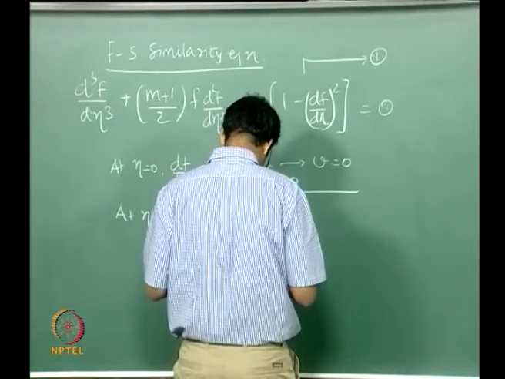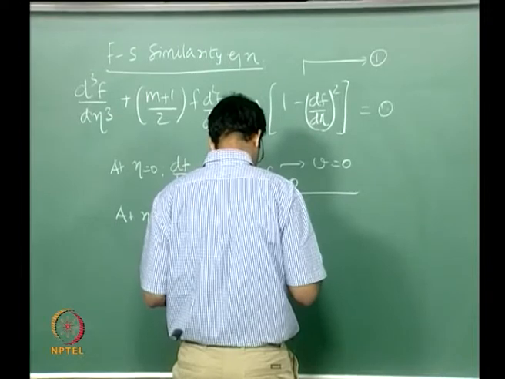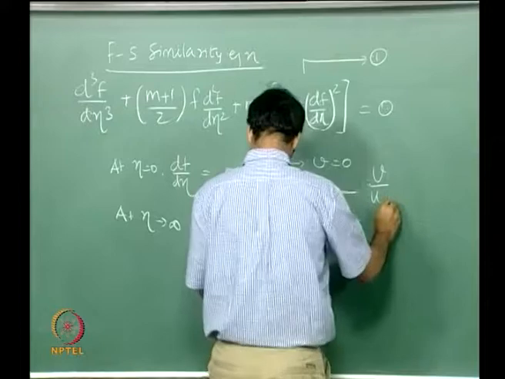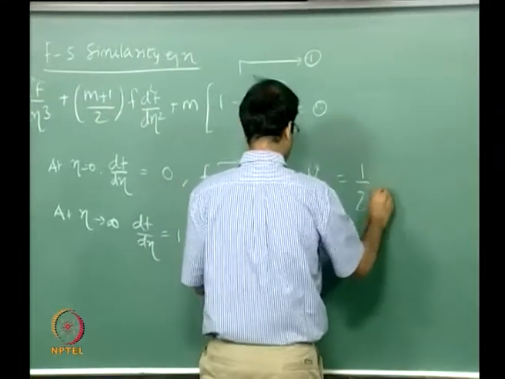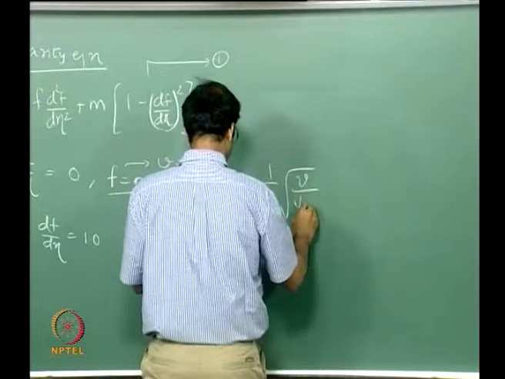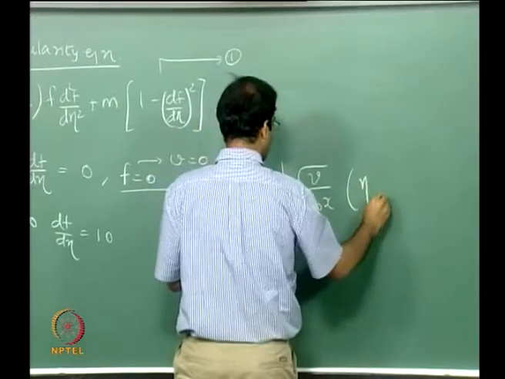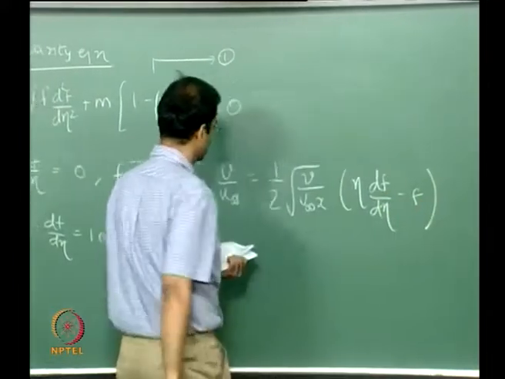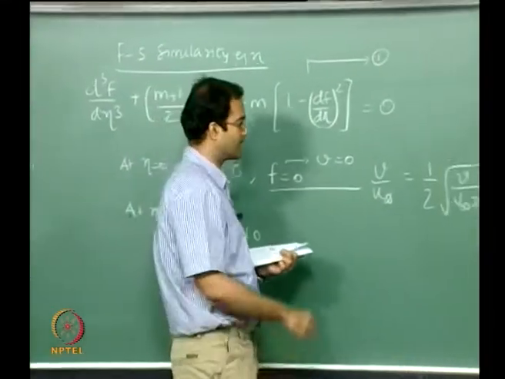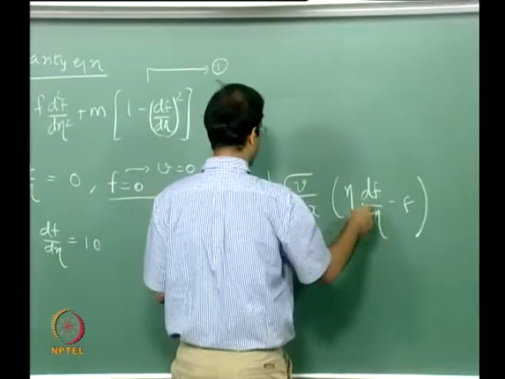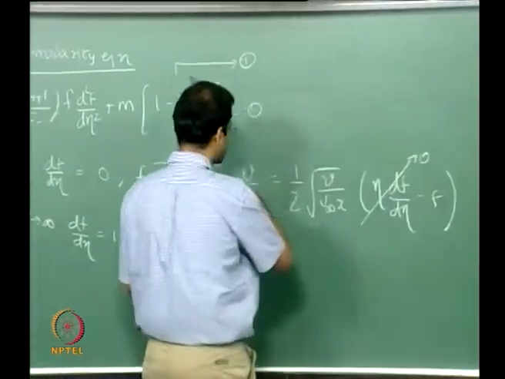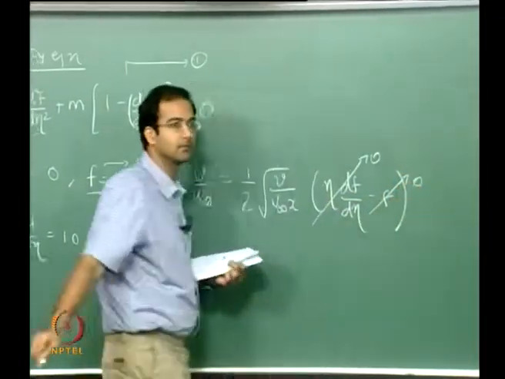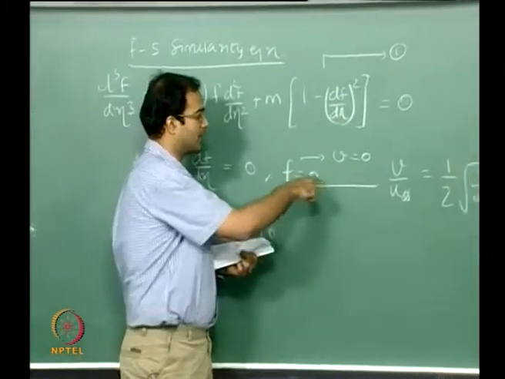That is basically V by u infinity is equal to half square root of nu by u infinity x into eta df by d eta minus f. So this was the expression for V. So at the wall we have already mentioned that df by d eta equal to 0. So in order to satisfy the no slip condition V equal to 0, f also has to be 0, right. So this corresponds to the fact that V equal to 0.